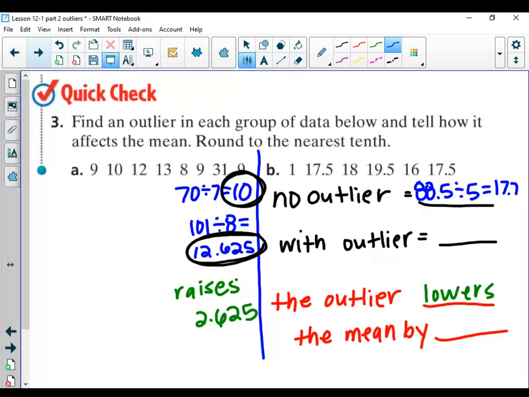Don't re-add from the beginning, by the way. 88.5 plus Maddie, 89.5. Wait, divided by 6. Since this top number had a tenths place, let's do this one to the tenth.